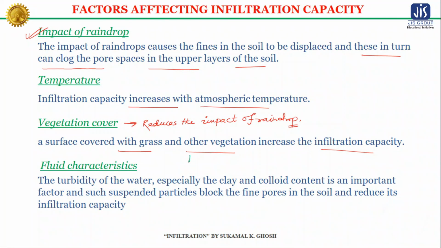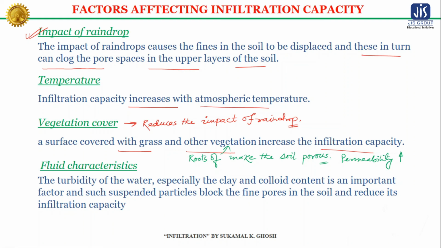The roots of the vegetation make the soil porous, and thus the permeability of soil increases. And if the permeability of soil increases, then obviously the infiltration capacity will also increase.